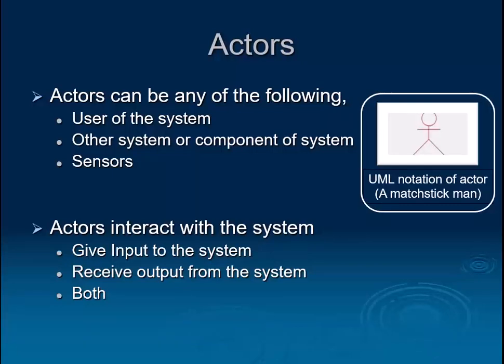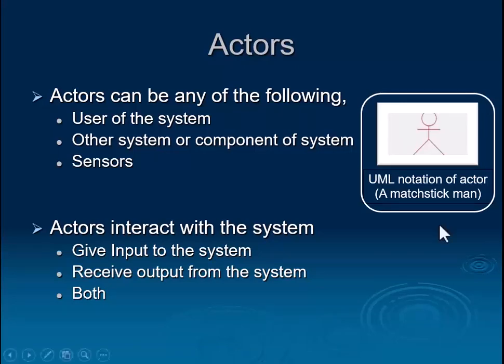Let's discuss each component one by one. Actor. Actors can be any of the following: a user of the system, another system or component of the system, or sensors. In this diagram you can see the UML notation used for the actor. So if you draw the use case diagram, you must obey the UML notations.